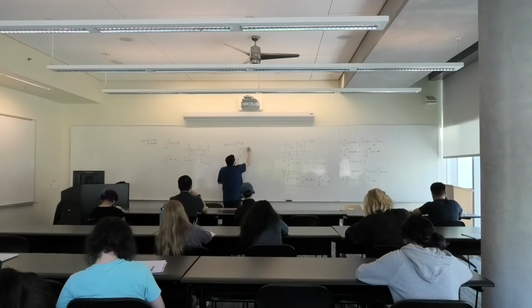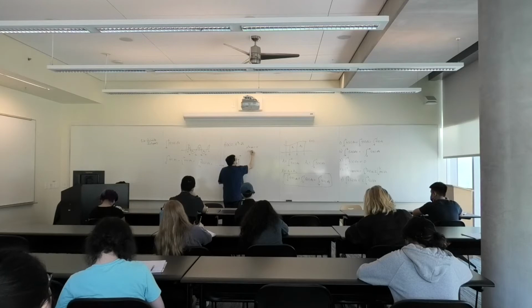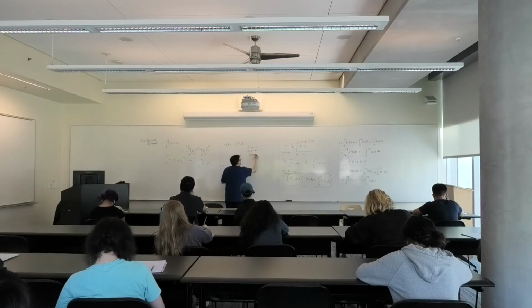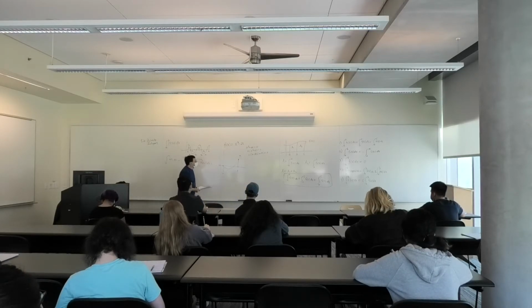But if we set this equal to 0, find its roots, we're going to get x times x minus the square root of 6 times x plus the square root of 6.